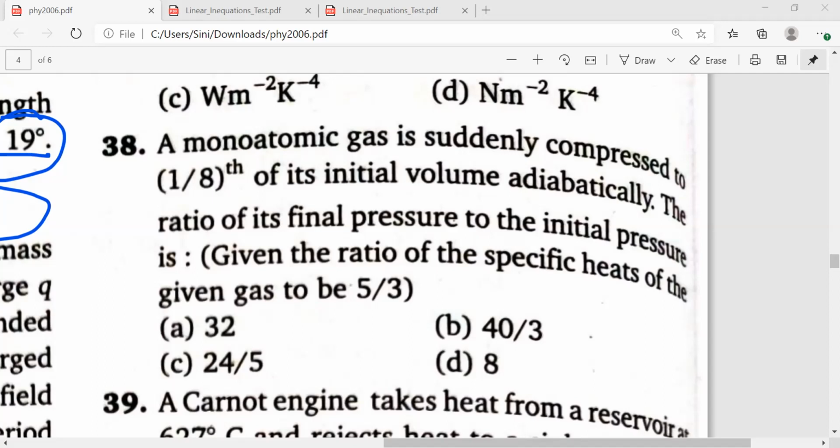Those who have completed this, send me the answer on WhatsApp. It's a very easy question. How many of you don't know, let me know the same.